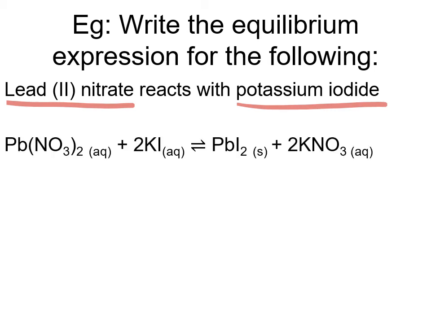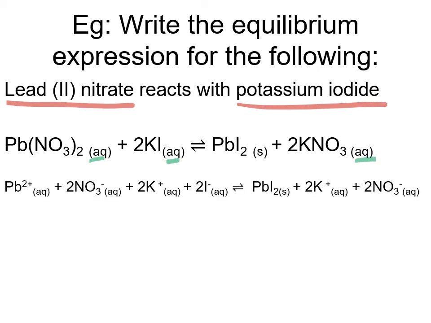The chemical equation will look like so, and again, if it is ionic and it is aqueous, what that means is that those ions are not actually together, they are separated. So when you go to write your net ionic equation, lead 2 nitrate is actually a lead 2 ion and 2 nitrate ions separated, floating around in water.